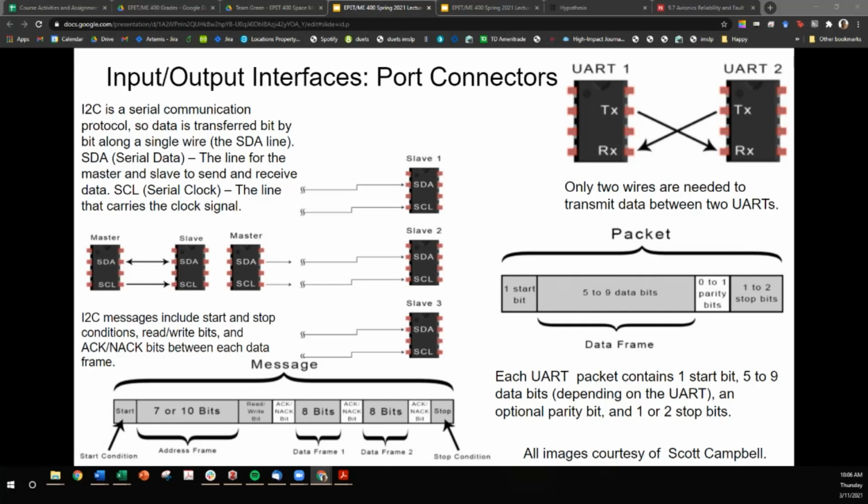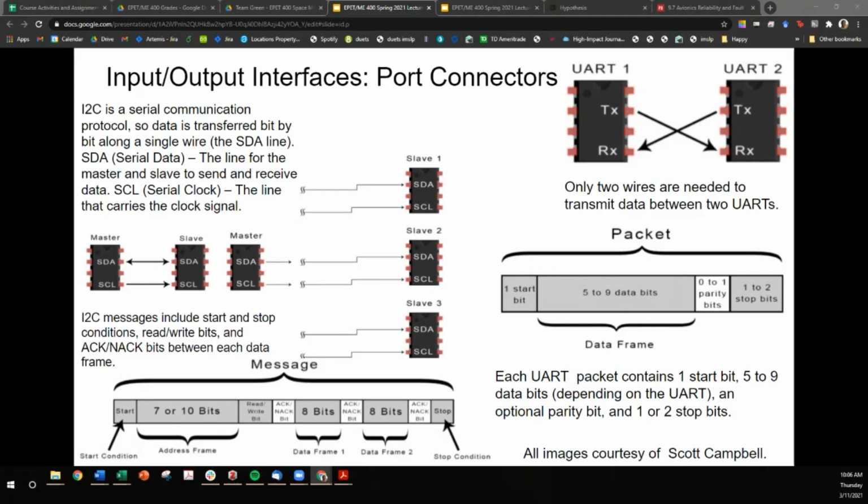If we were to create a cable between them, there's some transmitting signal that you want to connect to the receiving signal on the other side and vice versa. UART message packets look like so, where you've got a start bit, you've got your data frame, and then you have stop bits.